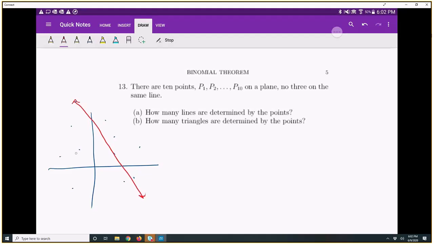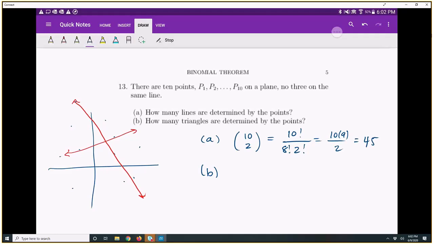Because if I connect 2 dots, then I have a line. So the answer should be 10 choose 2. However many ways I can choose 2 points is the number of ways that I can draw a line. And let's compute that really quick. That's 10 factorial divided by 8 factorial times 2 factorial, so it ends up being 10 times 9 divided by 2, which is 45. 45 lines I can draw.